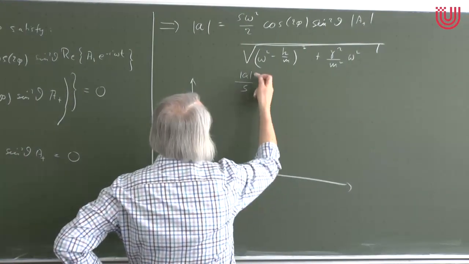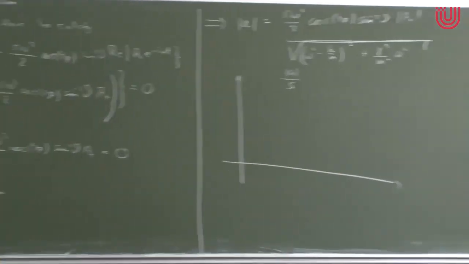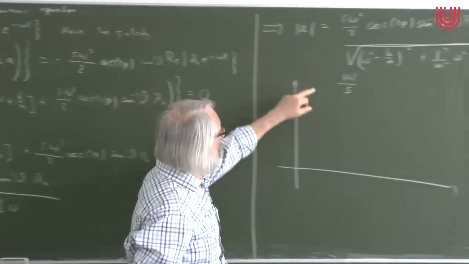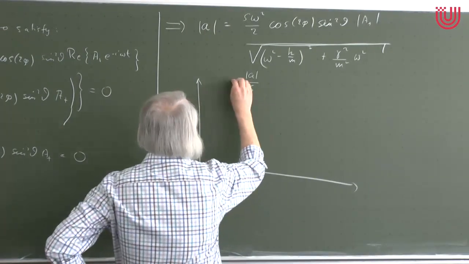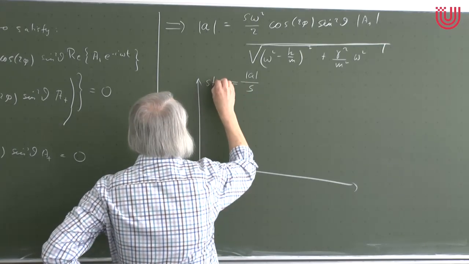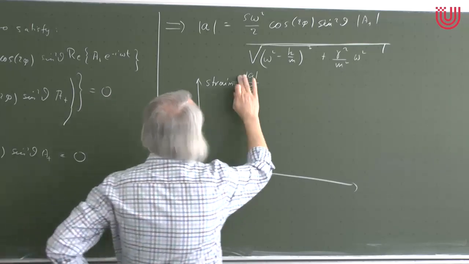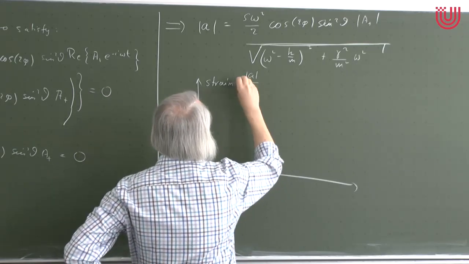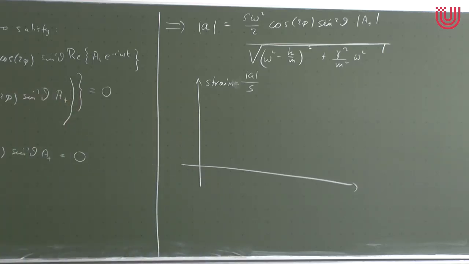So this is the relative change in distance from the origin. The change in the distance divided by the distance in the equilibrium state, and that's what one calls the strain. It's a dimensionless number. A has a dimension of a length, s has a dimension of a length. So the strain is a dimensionless number, and one plots this over omega.